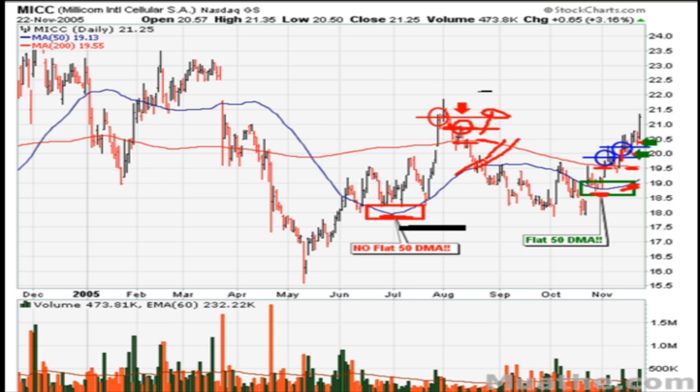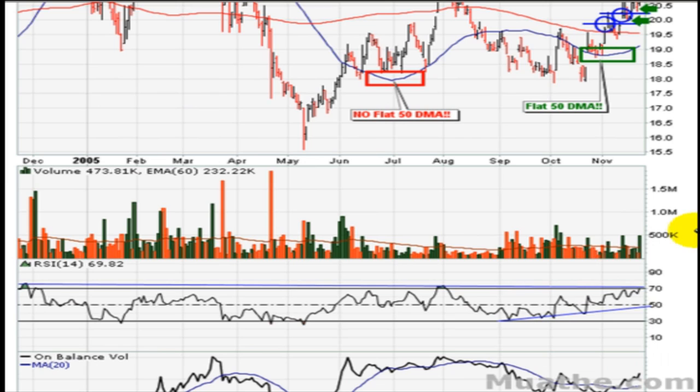Another thing we observe in this example is that the RSI also makes a move to 68, and actually seems to be getting out of these lower lows on the RSI, and it shows intention of moving above that.